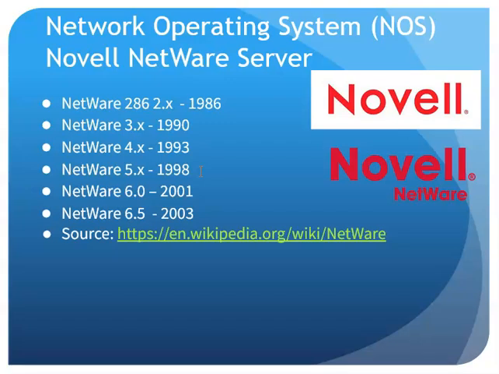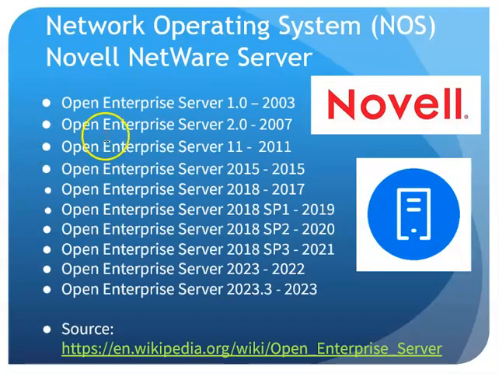Fun side note, the college, back in the early 2000s, was still using Novell NetWare for their main authentication server. So it's not totally in the dinosaur ages, but a lot of places have migrated away from it. But Novell NetWare and the Novell Open Enterprise Server is still being used, made and supported. Again, much smaller market share.